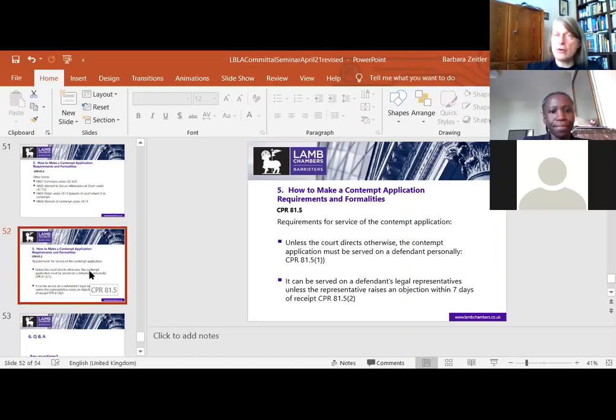I think it's very clear from Form N600, and of course the whole thrust of CPR 81, that there is an onus on the claimant to ensure that all of the procedural safeguards in relation to the defendant are complied with, and there's very much an onus on the claimant to put all its cards on the table as regards all the information that needs to be put into the committal application and needs to be put before the court.